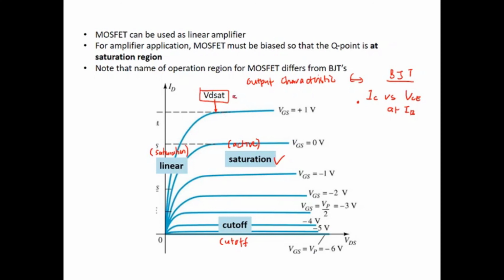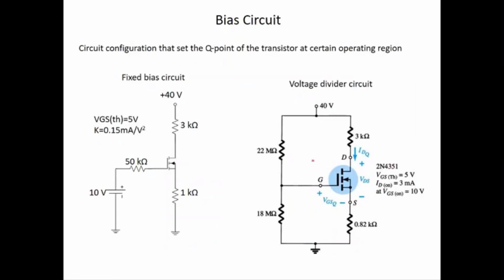This is equal to VGS minus VT, the threshold voltage. So we need to make sure that the transistor is set in the suitable operating region.